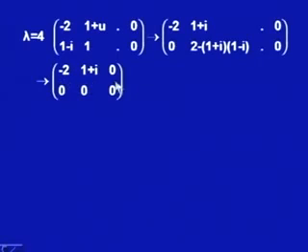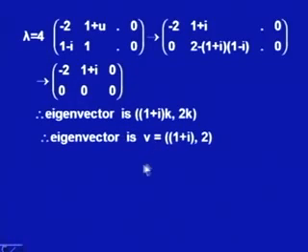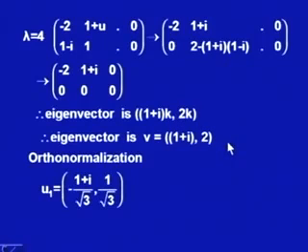From here one can easily write down the eigenvector as (1 plus i) k, 2k, because this will satisfy this equation, and that means the eigenvector is (1 plus i, 2) when we take k equal to 1. So, we have another eigenvector.